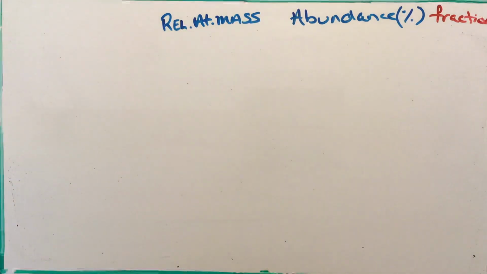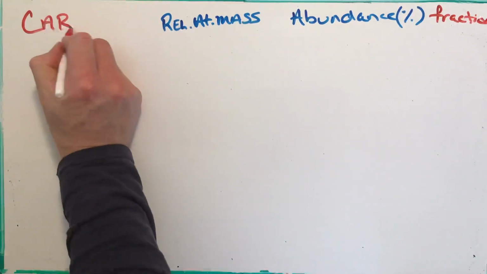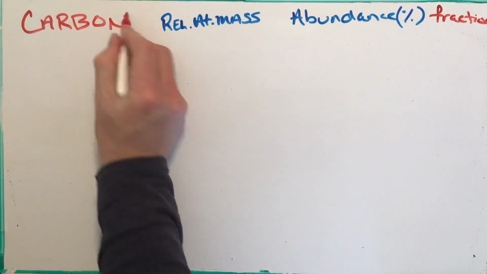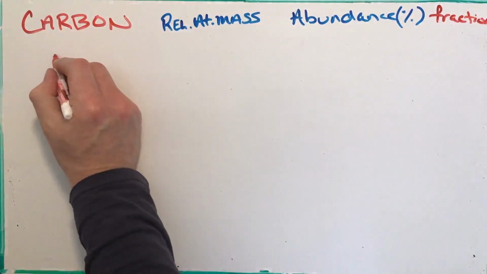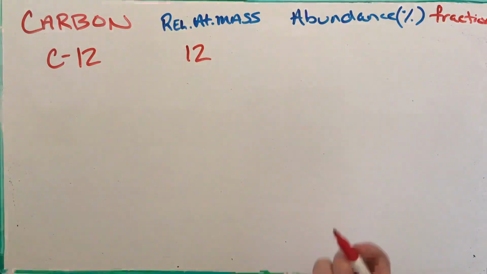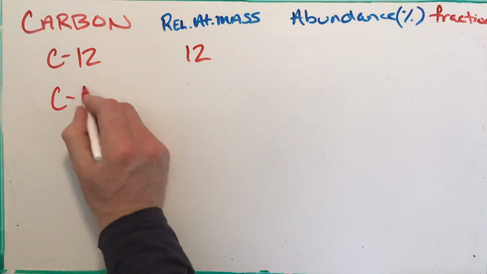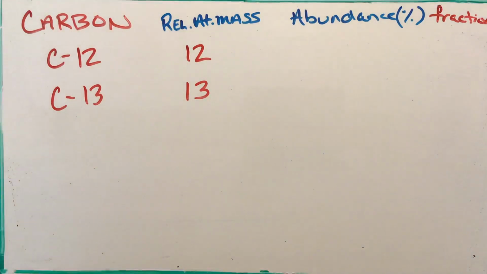Our next example, we'll do one for carbon. A sample of carbon was found. And carbon 12, its relative atomic mass was, well, 12. And then there was carbon 13. Its relative atomic mass is 13.